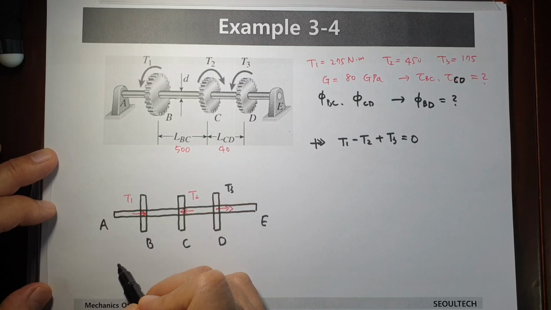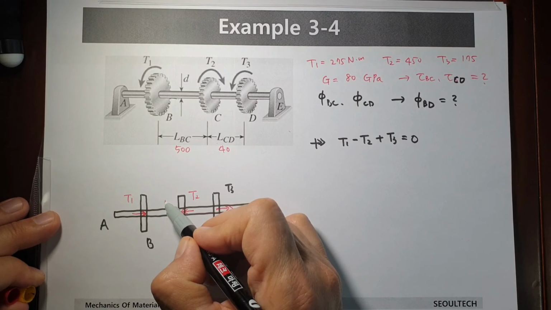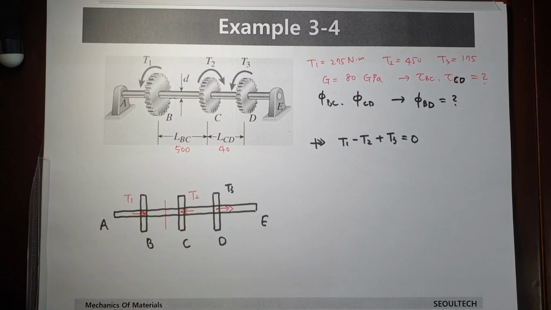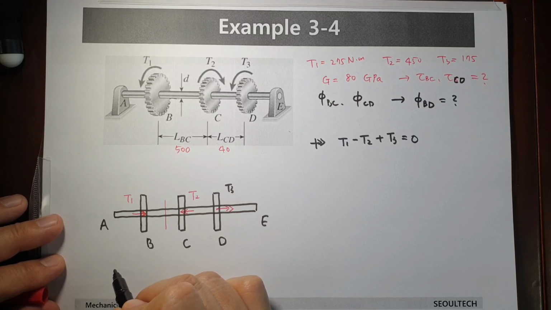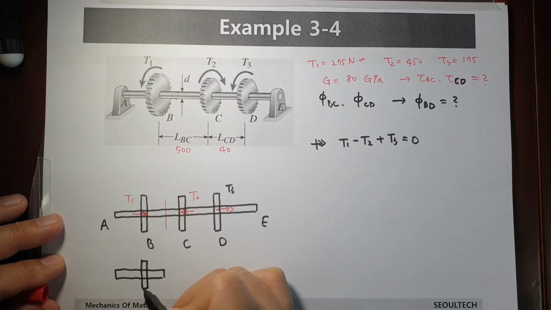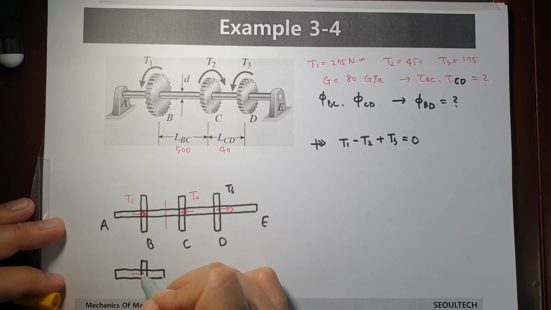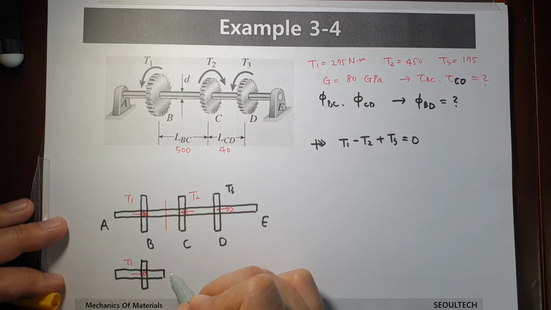And next, when you cut somewhere here, you can draw a free body diagram like this one. This one is T1, and let's say this other one is TBC.